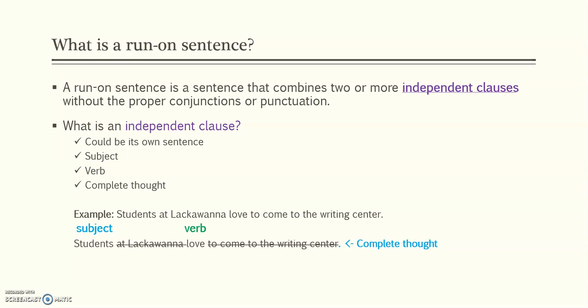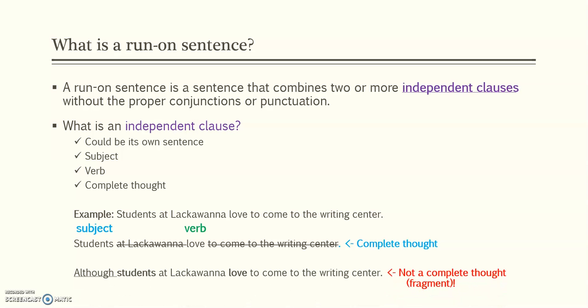Now, be careful of that complete thought part because you can have a subject and a verb and a portion of a sentence that is otherwise independent, but sometimes adding a word could make it more of a dependent clause, otherwise known as a fragment on its own.